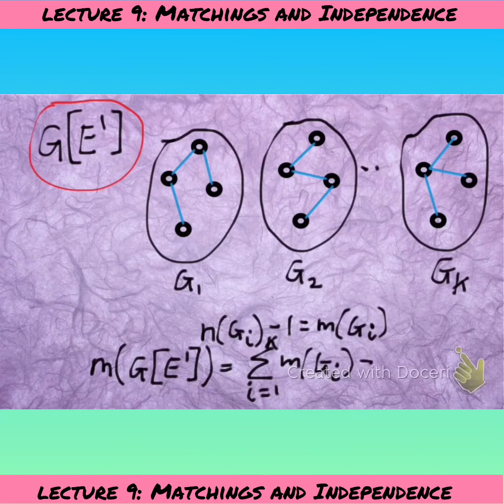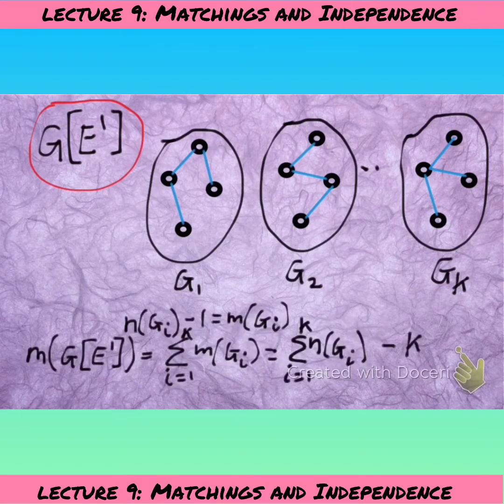And that is going to be pretty much each m(g_i) that I replace with the order of g_i minus 1. So that is going to add up to... Okay, and that is going to be n of G minus k.